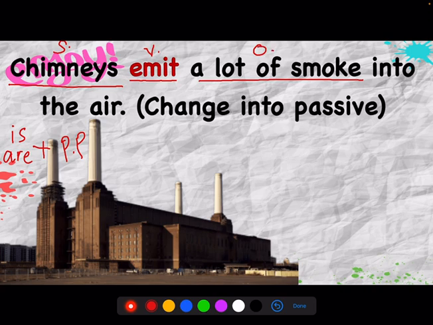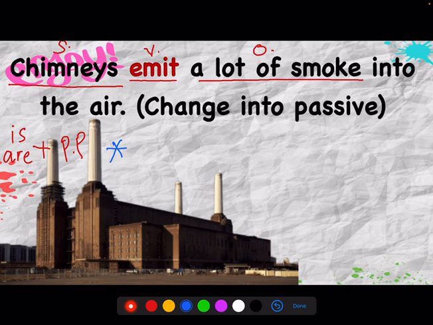Now, if I want to change a sentence into passive, the first thing I have to write is the object. For example, I have to start my sentence with a lot of smoke, with the object. Now, I said that my helping verb should be is or are according to the tense of the sentence.